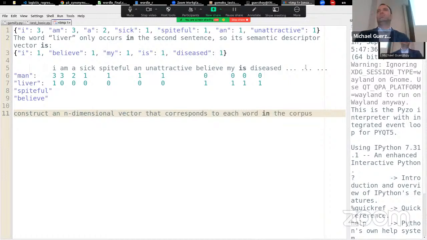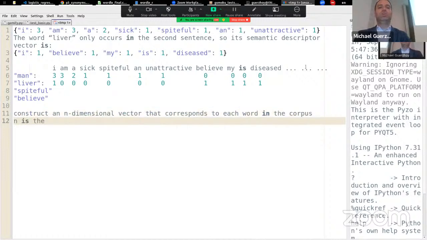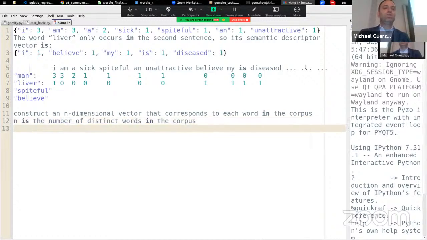So corpus, again, the entire input, where n is the number of distinct words in the corpus. We're not doing it explicitly, because depending on how you count, the number of words in the corpus is going to be in the tens of thousands. So if you construct all of those, that's going to be like 10,000 squared, so 100 million. Not anything that you can't do, but kind of annoying.